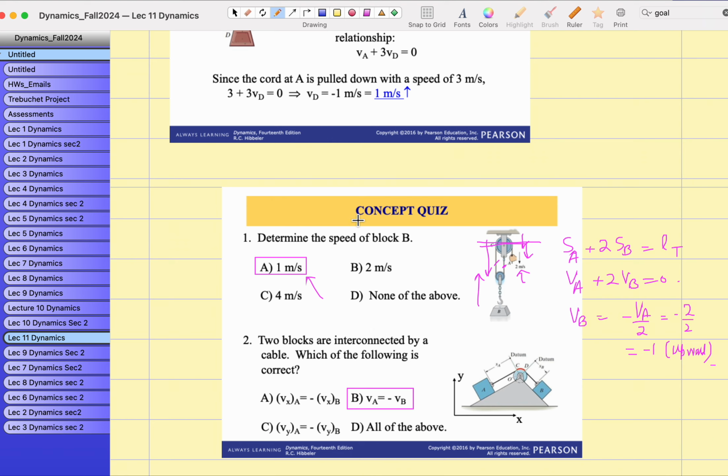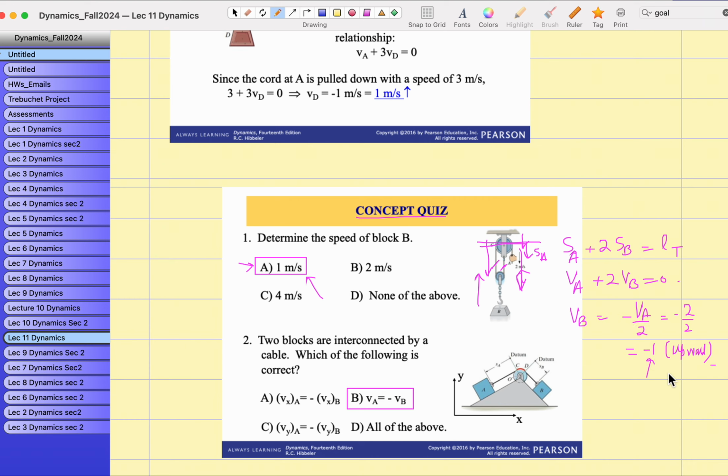In this conceptual quiz, you have to find out the length of the rope from the datum line. S sub A is this one, and these are coming twice, S sub B. So this is the total length of the rope, and then take the time derivative to get the velocity relationship, which is V_A plus 2 V sub B, and that gives you the answer -1. This means that when you pull this rope downward, the block will move upward.